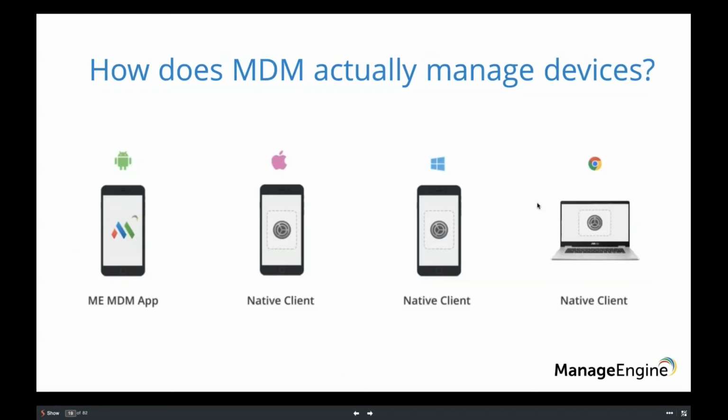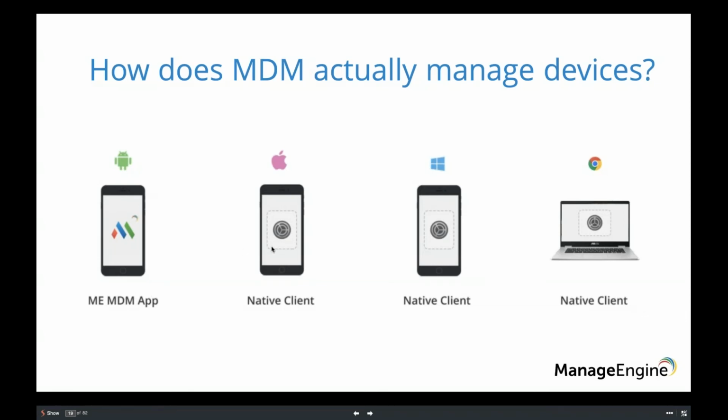Now that we have talked about the architecture, or how the MDM is present, let's dive into how the MDM actually manages your mobile devices. In the case of Android, your Android mobile devices would be managed by the MDM application itself.